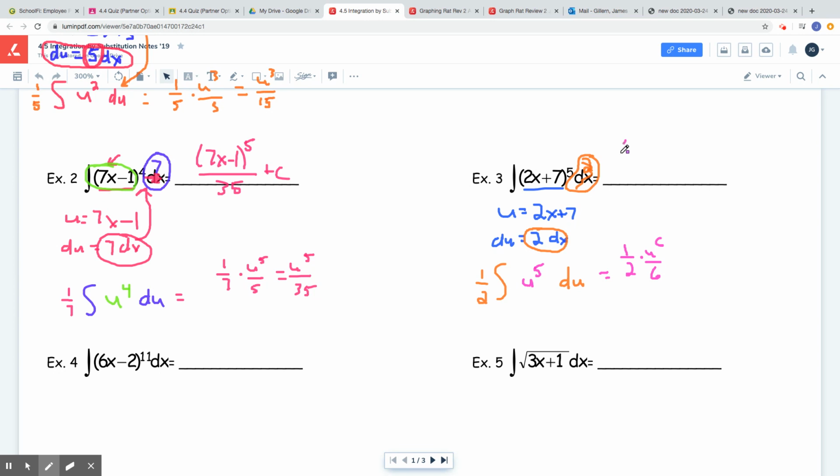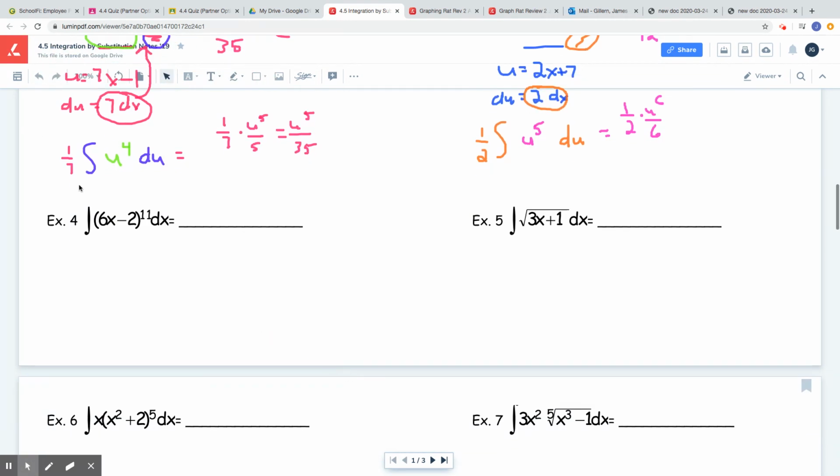So I get u, which is 2x plus 7 to the 6th power over 2 times 6, which is 12, plus c. Hopefully you are starting little by little to get the hang of this. Why don't you go ahead and try to get number 4.